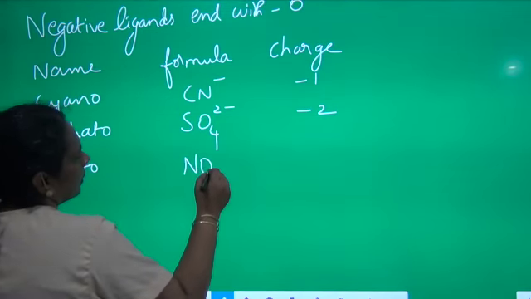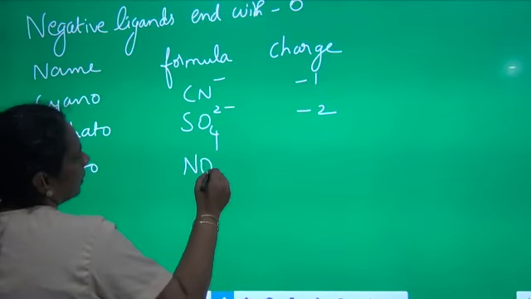When you take chloro, which is Cl-, the charge is -1. Bromo, Br-, charge is -1. If you take fluoro, F-, which is -1.